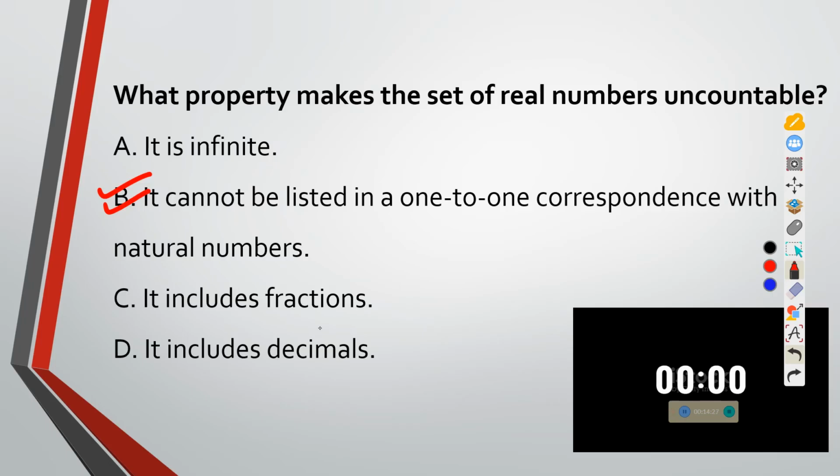Likewise, decimals represent real numbers, but the issue is cardinality here. So it is uncountably many, not their form. So we say that countable sets can have decimal representations too. So having this one here is not enough to conclude about uncountability. So the correct option here will be B. It cannot be listed in a one-to-one correspondence with the set of natural numbers.